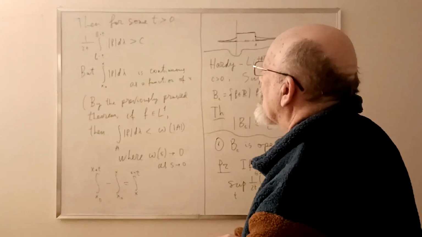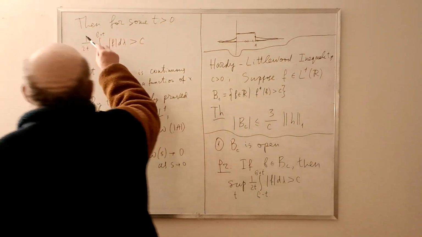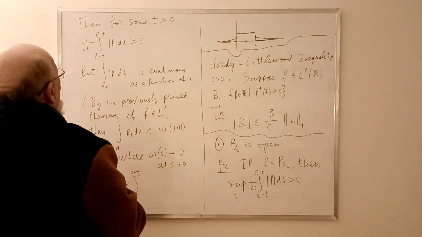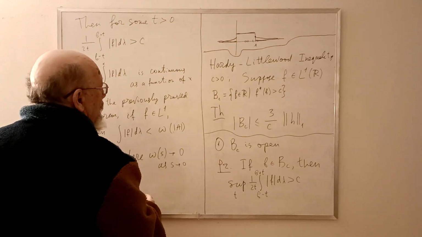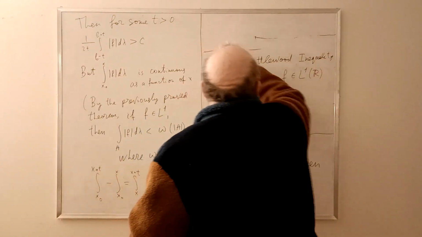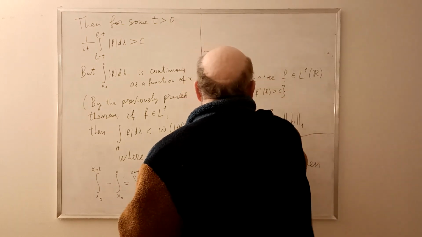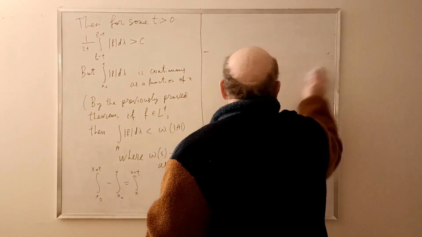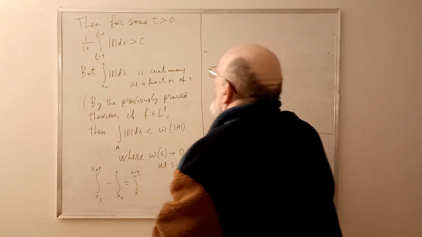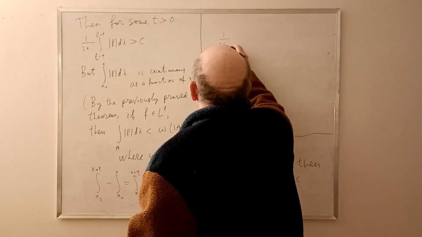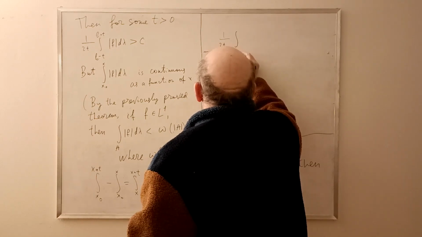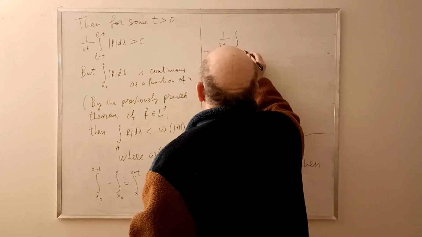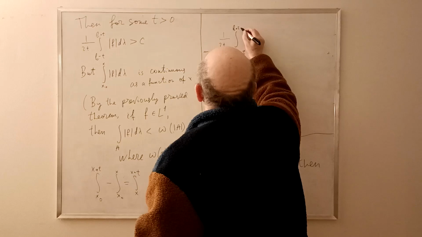And so if you consider this 1 over 2t integral from b minus t to b plus t, and I consider 1 over 2t integral from b minus t plus tau to b plus tau plus t.